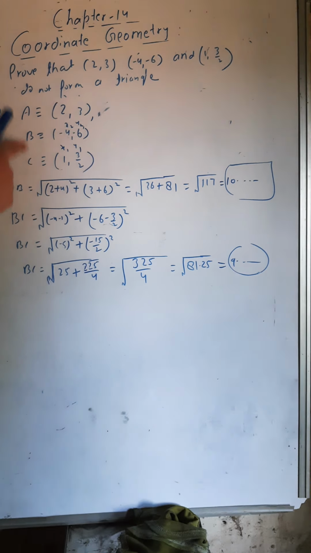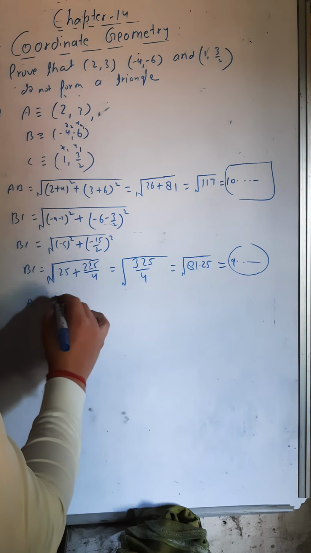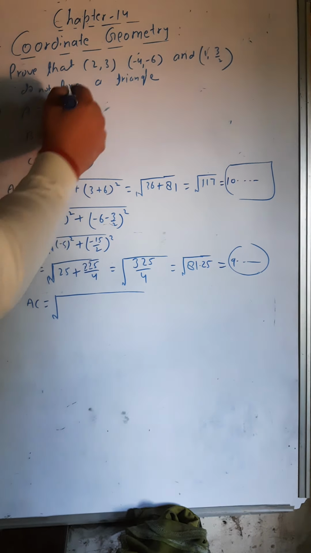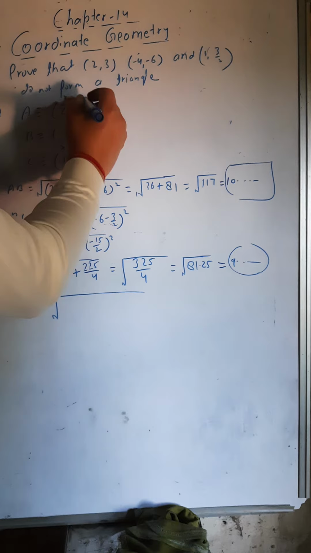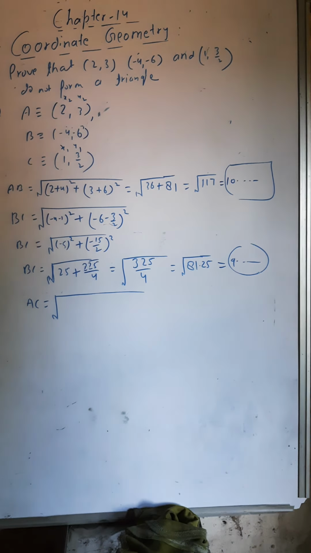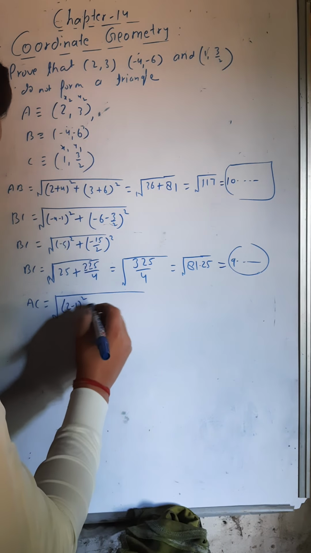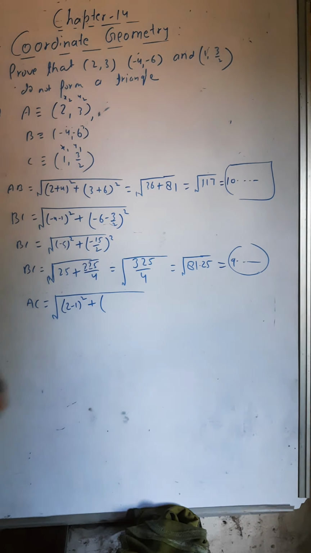Now we'll find out the AC distance. How will you find it? For finding AC, you will take A as (x2, y2) and C as (x1, y1). So it will be x2 minus x1 squared, means 2 minus 1 squared, plus 3 minus 3/2 whole square.